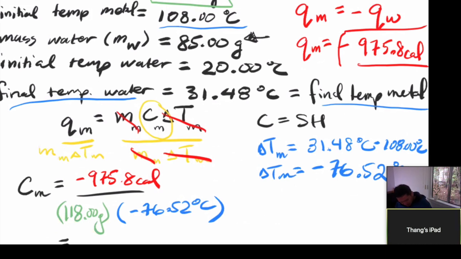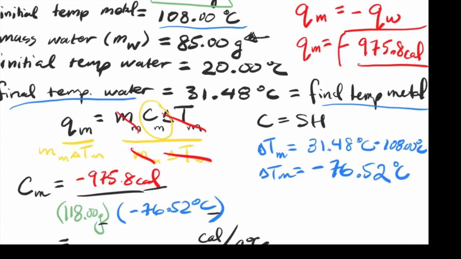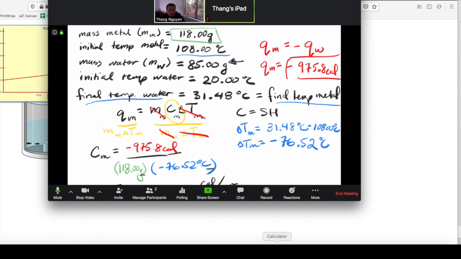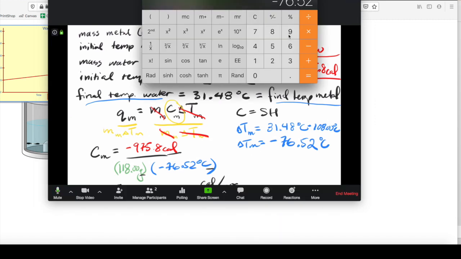What's our unit going to be? We got calories, we got grams, and we got degrees Celsius. So our unit is going to be calories per gram degrees Celsius. Nothing cancels out, but we still have to do the calculating for that, which is 975.8 divided by 118 divided by 76.52.